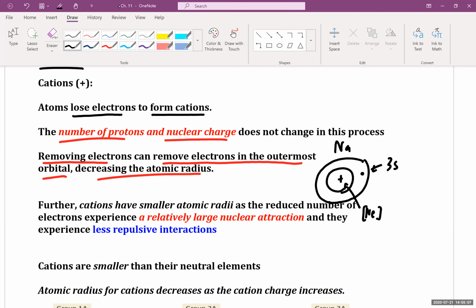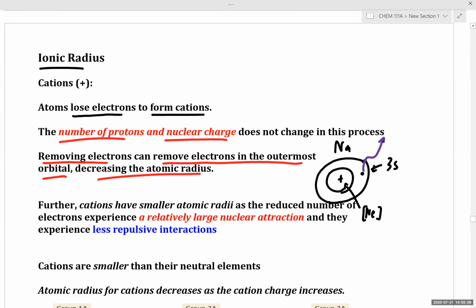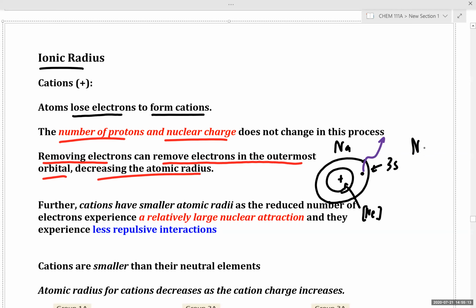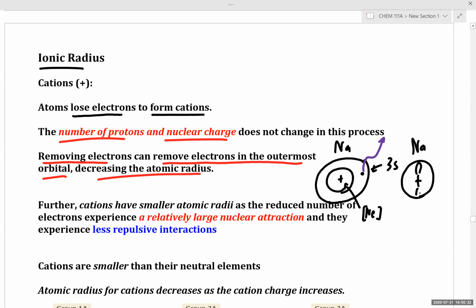When we remove this outermost electron and we go to sodium plus, suddenly we don't have an electron in that orbital. So now we're concerned with our outermost 2s and 2p orbitals.